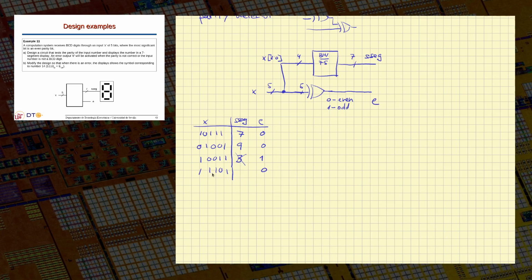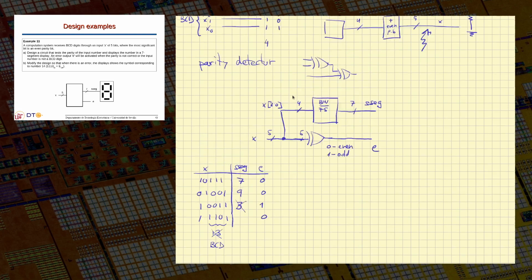This corresponds to number 13, actually. This represents number 13, but this is not a BCD number. So this solution is not completely correct, because we need to activate the error in case that there's a parity error, but also in case that the number I get is not a BCD number. So it's not yet my full solution.